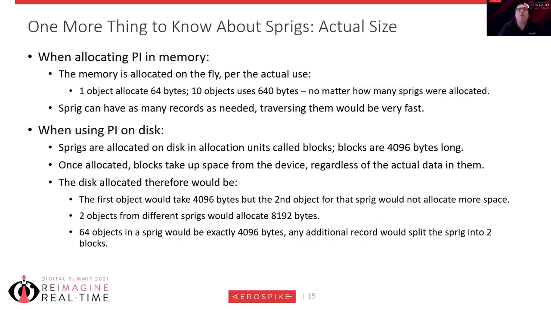When we have 2 objects from 2 different sprigs, that would be 8K bytes on the device. And if you have 64 objects in a sprig, that would be exactly 4,096 bytes, because 64 times 64 is 4,096. If we had another object in that sprig, that would break into 2 blocks, and that would mean we need to read 2 blocks of the device when we are reading the data.